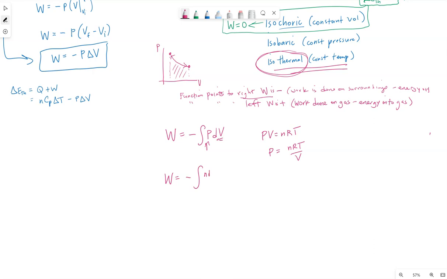When we plug this in, it's only the volume that's changing. But again, this is specific to the isothermal process. So we can pull out the nRT. Our limits are still from a lower limit of some initial volume to an upper limit of some final volume.